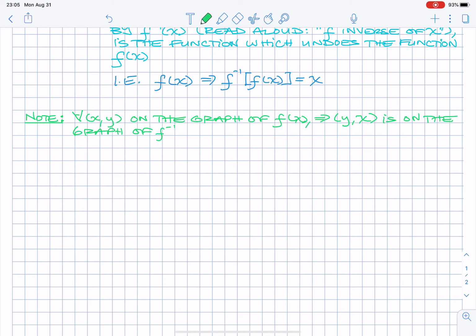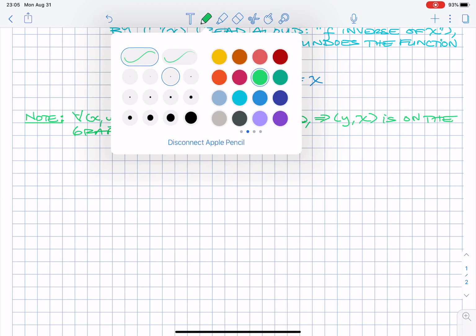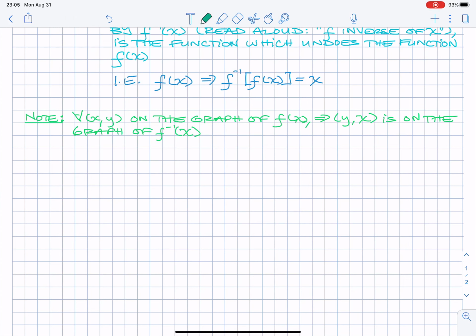So I'm swapping, that is, we swap x and y. So what was the first coordinate is now the second, and vice versa.